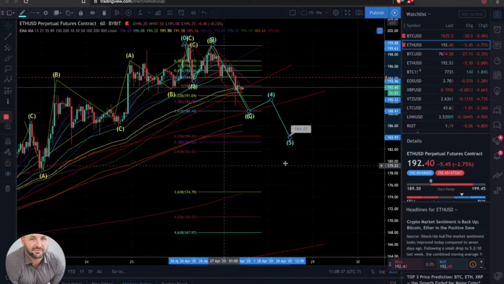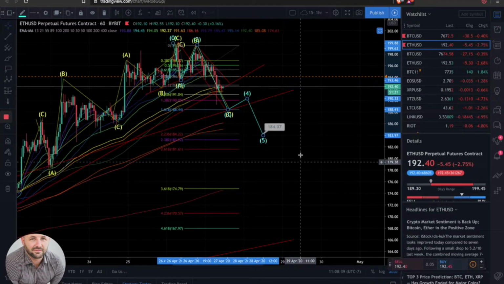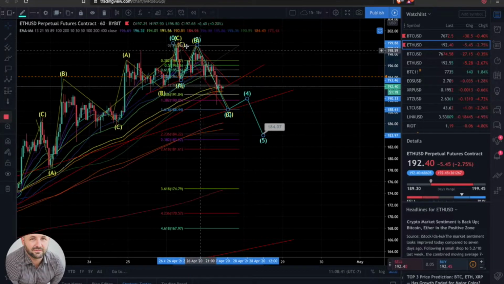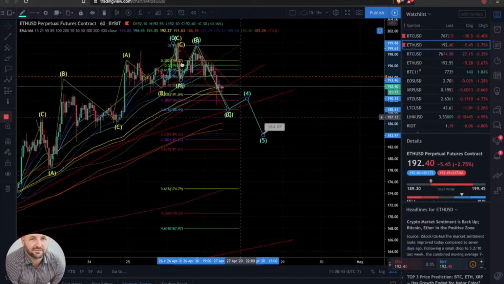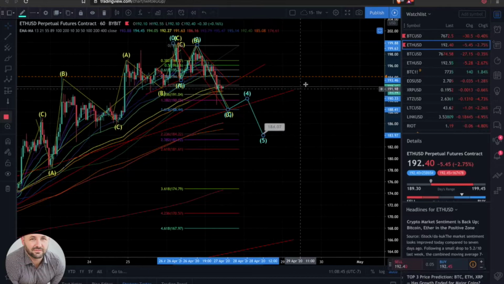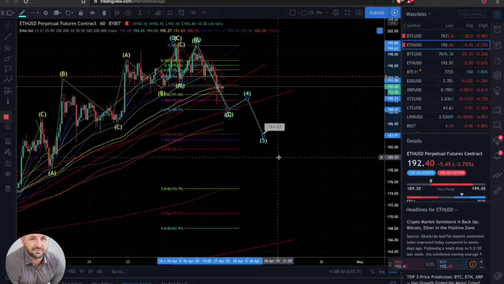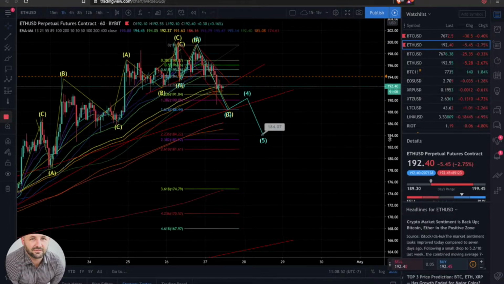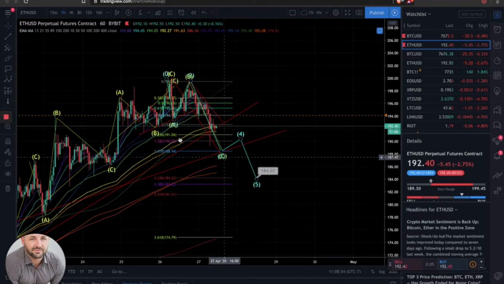So if it starts with 5, it will need to end with 5. And either it's going to be an A, B, C zigzag, or it's going to be a wave 1 back up for a 2, and then further down for a 3, 4, and a 5. Okay, so that is what I'm looking for here in the short term, and we'll see how this plays out.